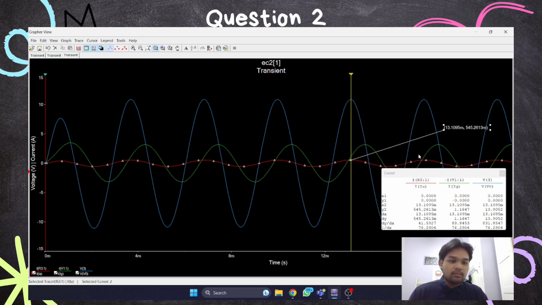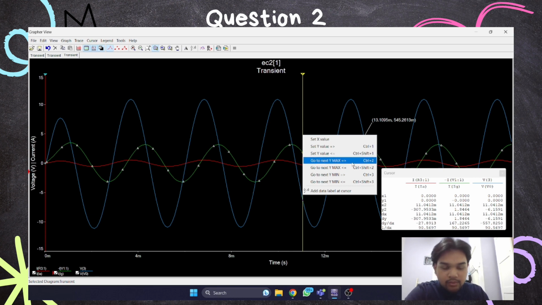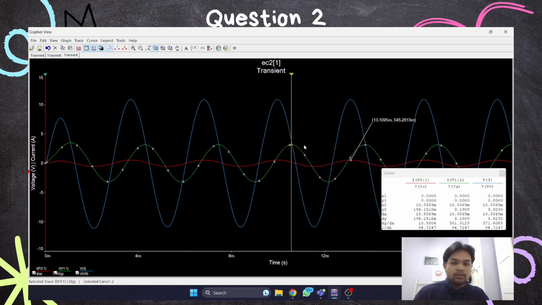And just add data label at cursor. For the next one, we do the same, except this time we use Ctrl+Shift+2 to get the next one to the left of the Y max value, and click add data label at cursor.